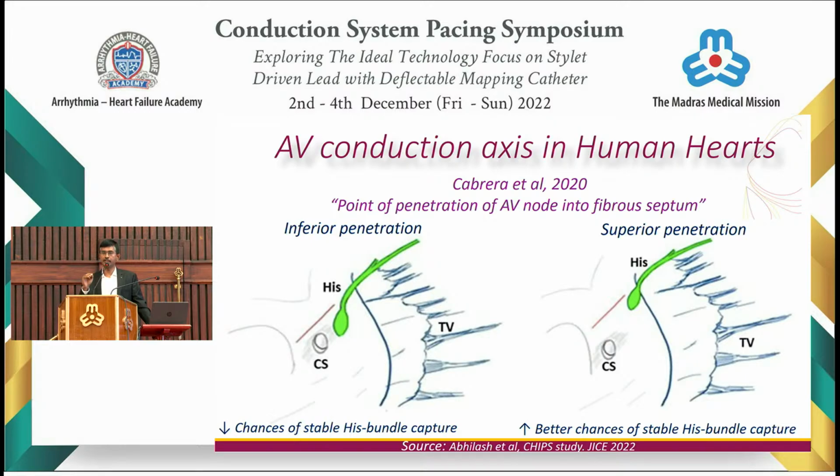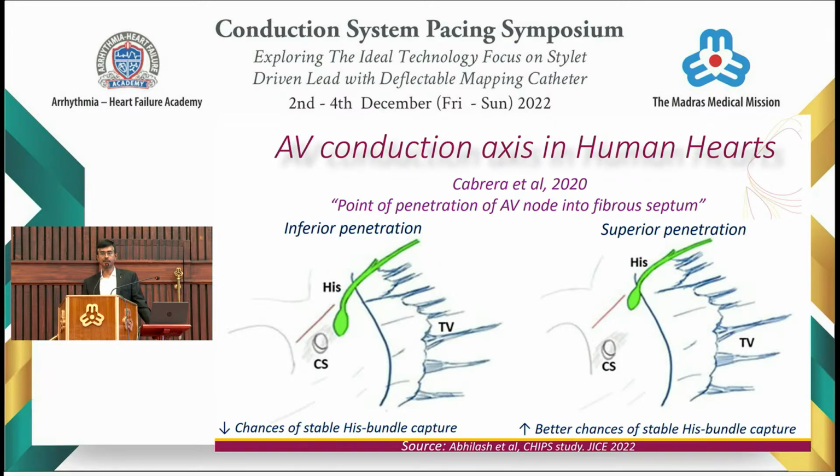This was found in 40% of the hearts dissected by Cabrera, the His bundle starts much inferiorly in the Cox triangle. And that's when it tends to be surrounded by so much dense fibrous and connective tissue. And hence it becomes very difficult to overcome the connective tissue and pace the His bundle.